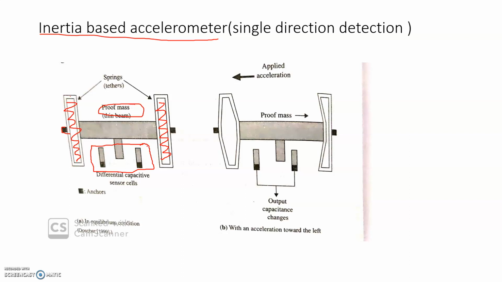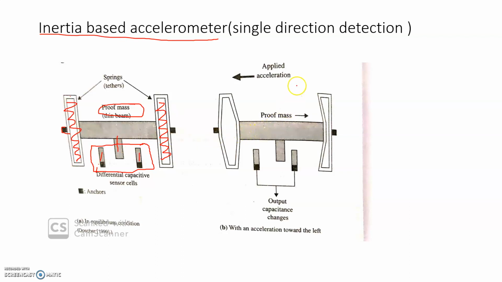It consists of two separate metal plates which are fixed in nature, and we have one metal plate attached to the proof mass, which is a movable metal plate or electrode.